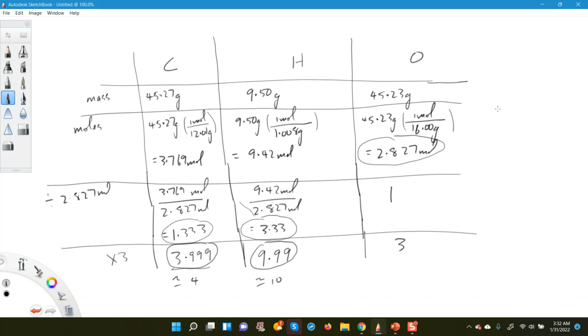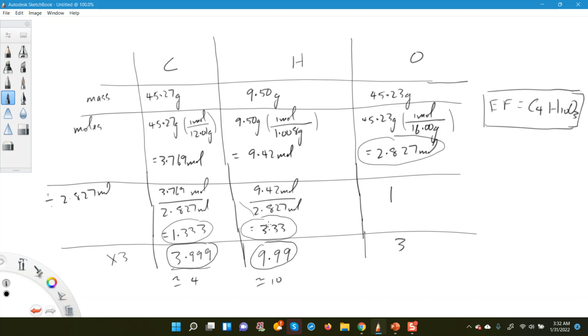So in this case, the empirical formula will be C4H10O3. That's basically how we would do this particular example, and that's the answer.